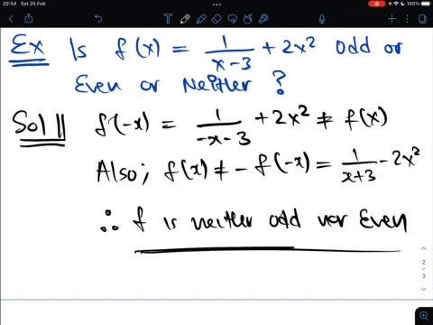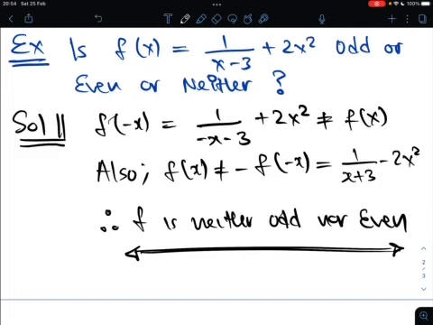So we can have functions that can neither be odd nor even, just as in these examples that we have seen here. Those are some basic things that you have to know when it comes to odd and even functions.